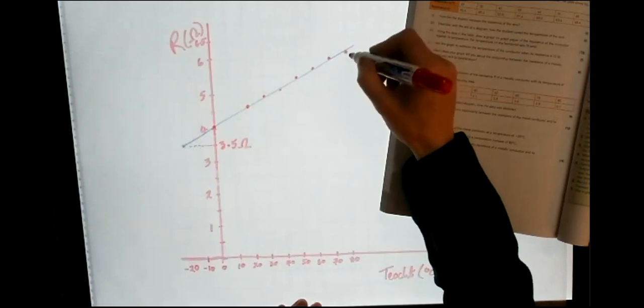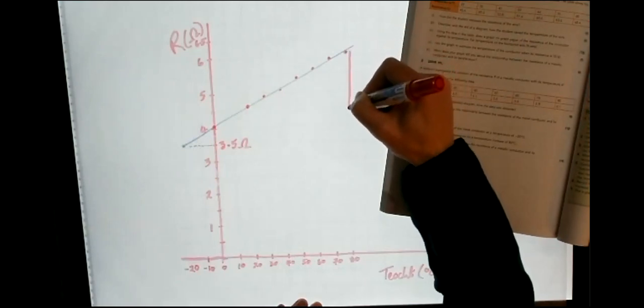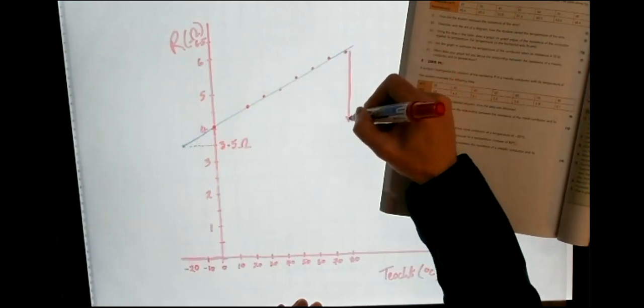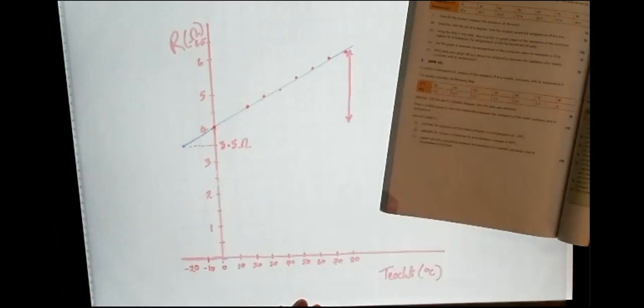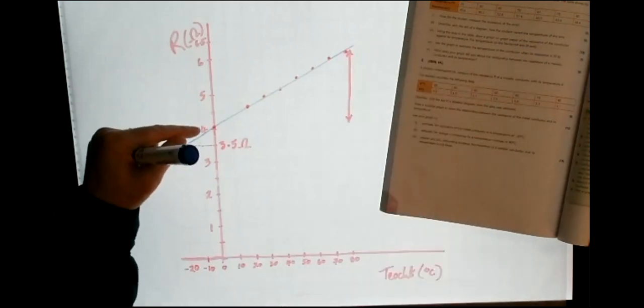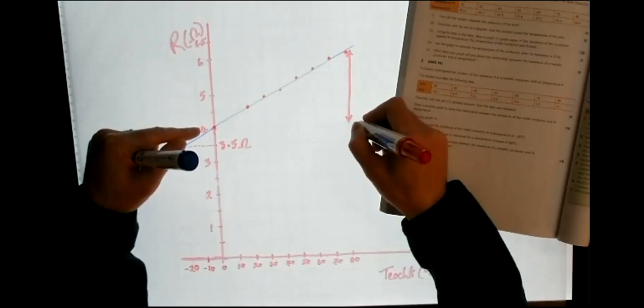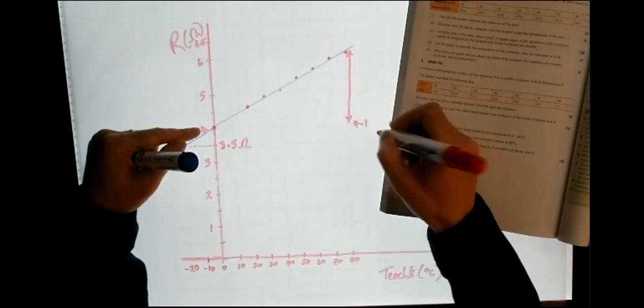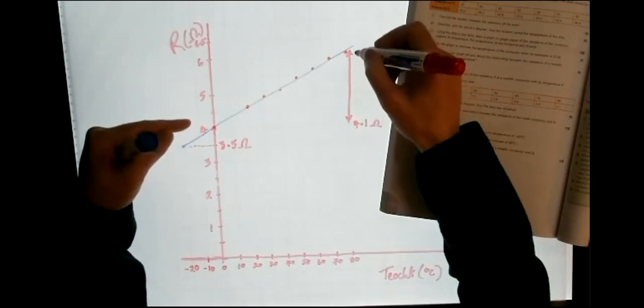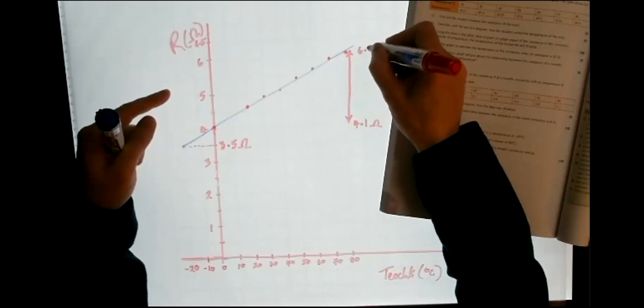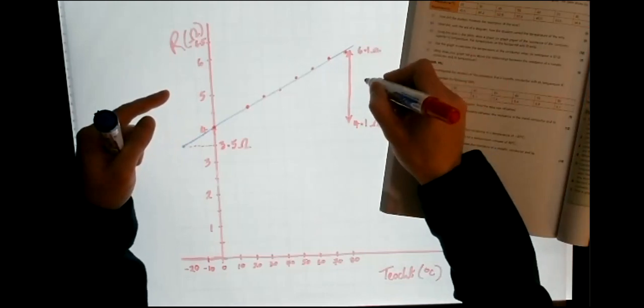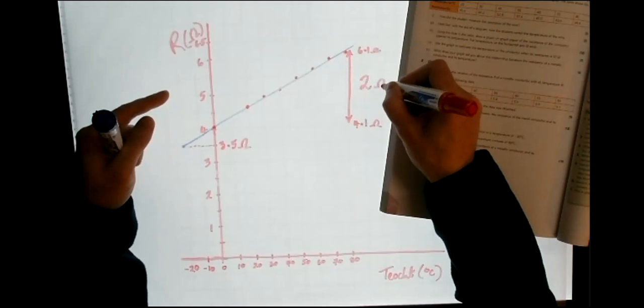So the resistance at 0 is 4.1 ohms. Against the charge, boiling 6.1 ohms. So there's a change in resistance of 2 ohms in 80 degrees Celsius.